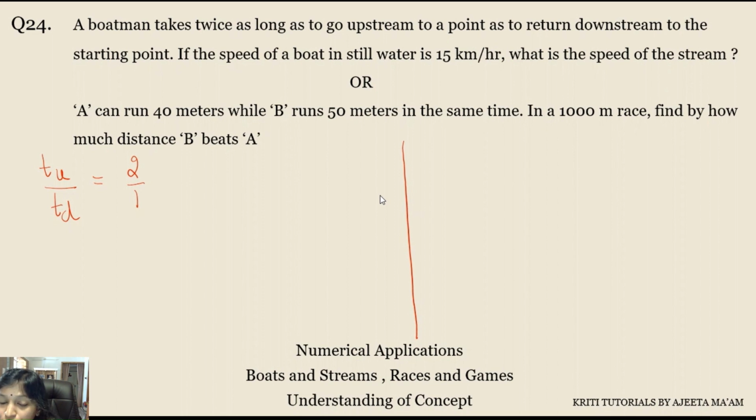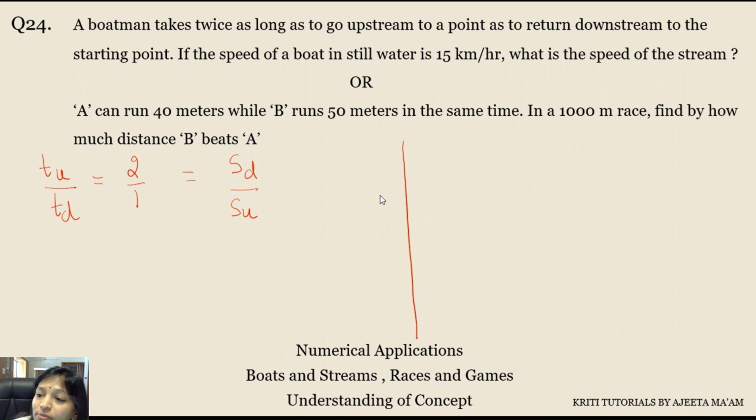That's a very important concept. So the ratio of speed of downstream upon speed of upstream will be reversed, because speed is distance upon time. Speed into time is distance, and the same distance has to be covered for downstream and upstream. Or you can say if our speed is more, we take less time to cover the same distance. So it's inversely proportional.